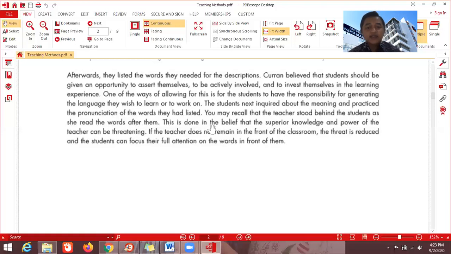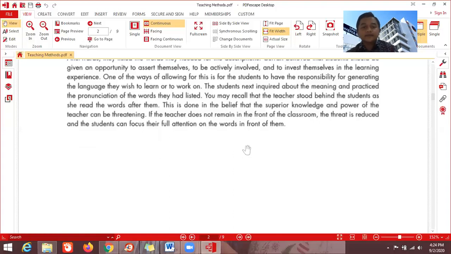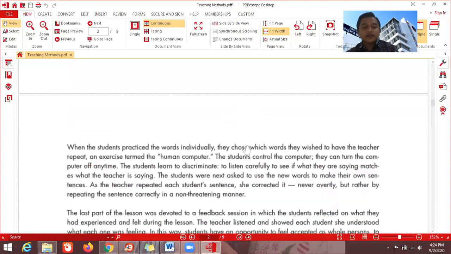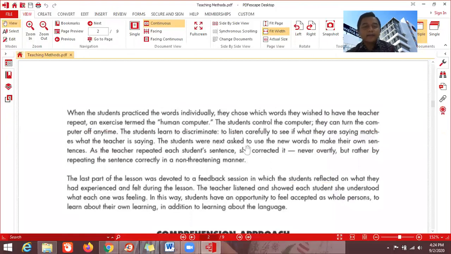Next, this is done in the belief that the superior knowledge and power of the teacher can be threatening. If the teacher does not remain in the front of the classroom, the threat is reduced and the students can focus their full attention on the words in front of them. So this is interesting in the sense that it's very much different from what we learned about the audiolingual method, where the teacher is the center of attention, the one who determines all.